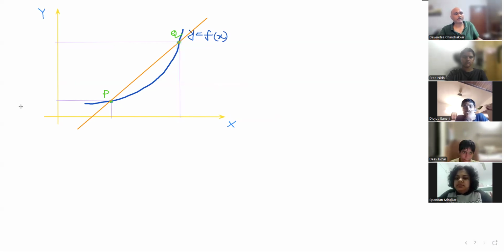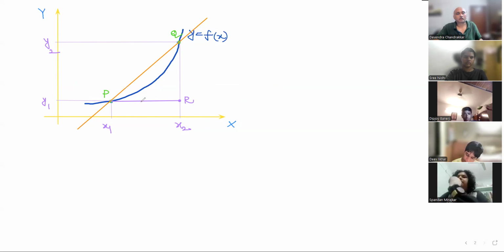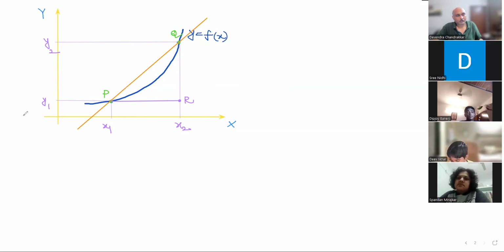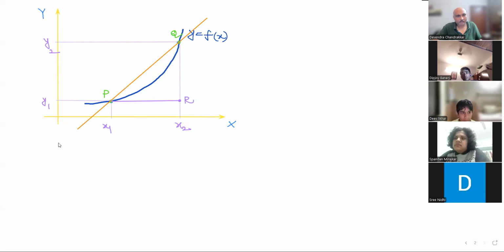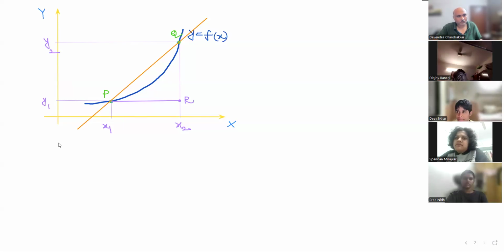So now if I complete this triangle, this point, let's say it is point R. This is x1, this is x2, this is y1, this is y2, right? So the angle which this secant makes with x-axis, let's say it is phi.